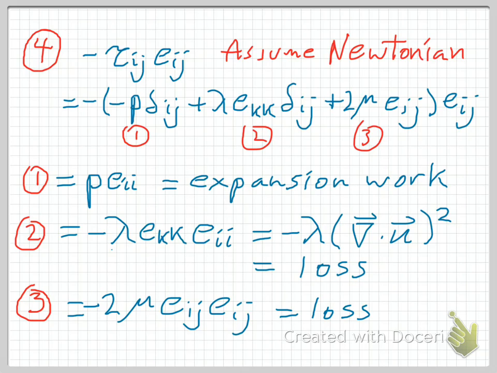We often write this in terms of a quantity epsilon. We write it as minus rho times epsilon, and I'll show you what epsilon is here. Epsilon is given by epsilon equals 2 mu over rho Eij Eij.